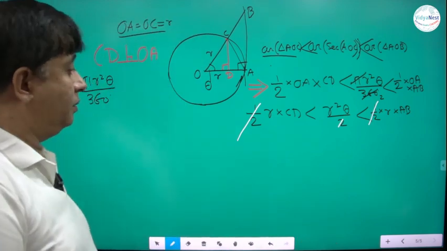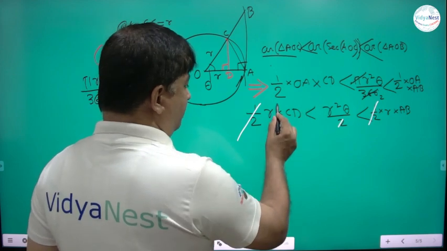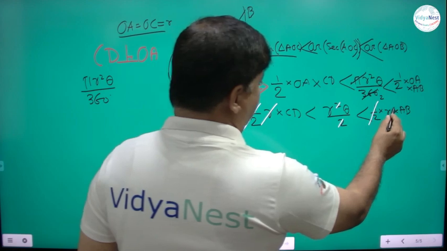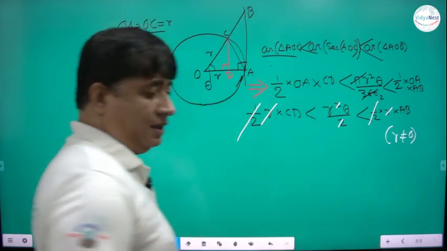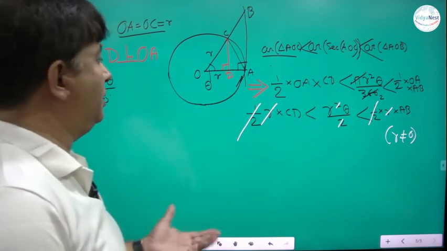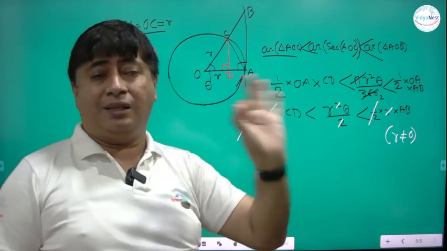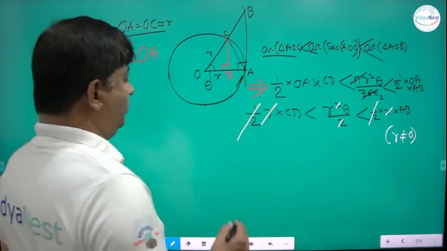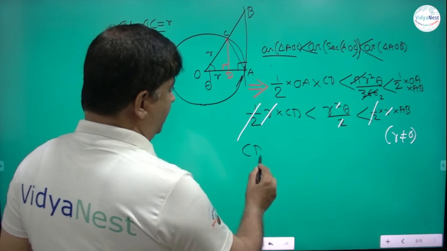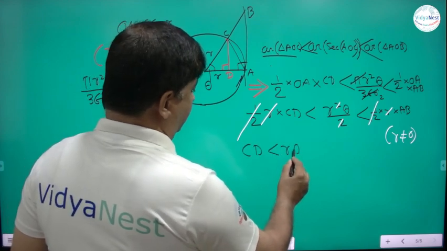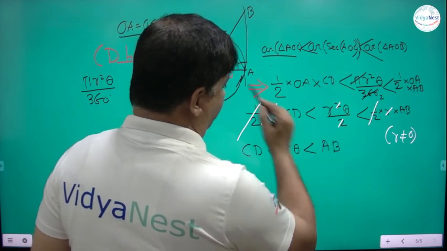Now there is R. One R you can drop, but must mention R not equal to 0. Obviously, radius cannot be 0. Had this been 0, circle would become a point circle. So CD less than R theta less than AB.